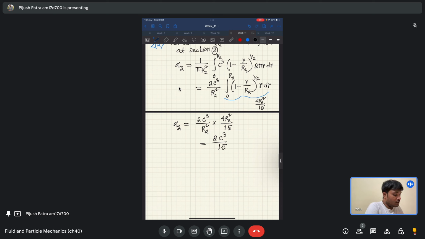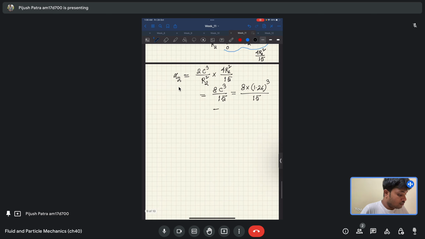What was the value of c we considered there? 8 into 1.26 cube divided by 15. Cube, 1.066, actually that's what I'm getting.